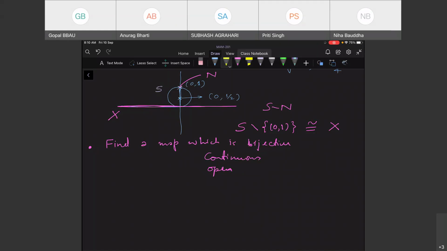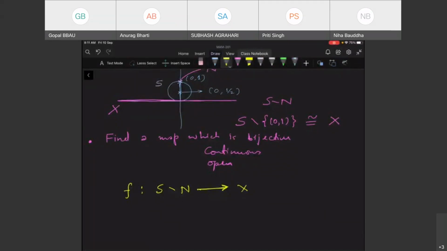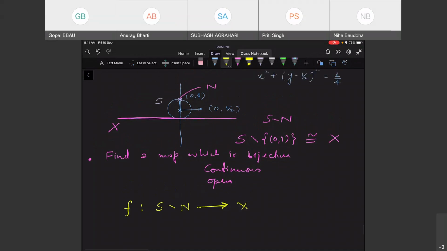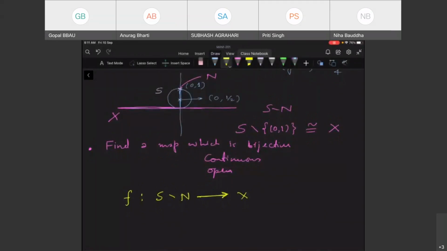You need a map f from S minus N to X, and it should be one-one and onto. So think intuitively, imagine it, and if you have a copy and pen you can draw it too. Imagine whatever is happening. So you pick any point from S minus N, meaning you are taking any point in the circle except N. Call that point, say, small s.